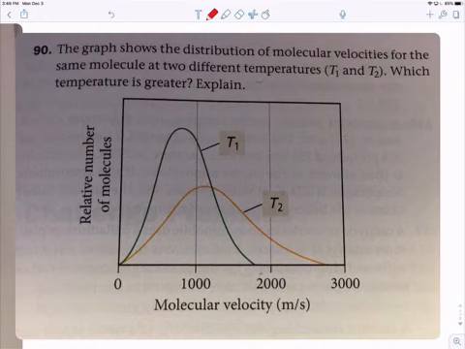So this one is moving more slowly than this one. So T1 is moving more slowly than T2, and the slower means lower temperature. So also the lower temperature has a more narrow distribution, the higher temperature has a broader distribution. So T2 is higher than T1.